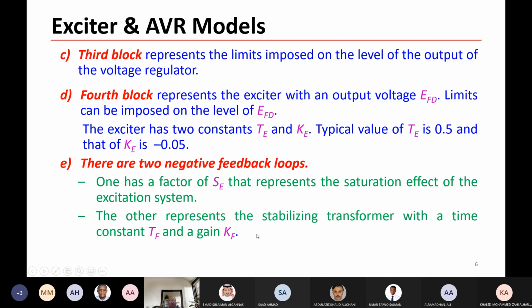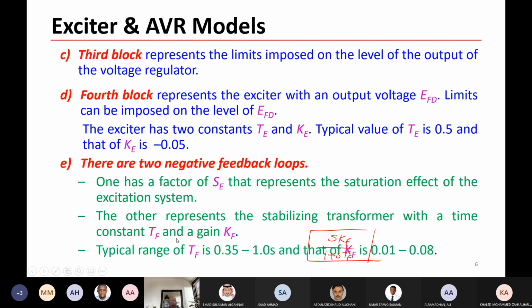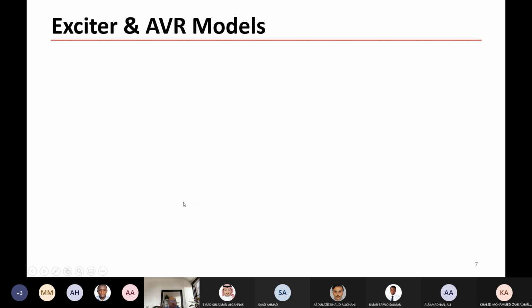You can see the transfer function of the stabilizing transformer as SKF over 1 plus STF. The TF is typically between 0.35 and 1 second, and the KF between 0.01 and 0.08. Okay.